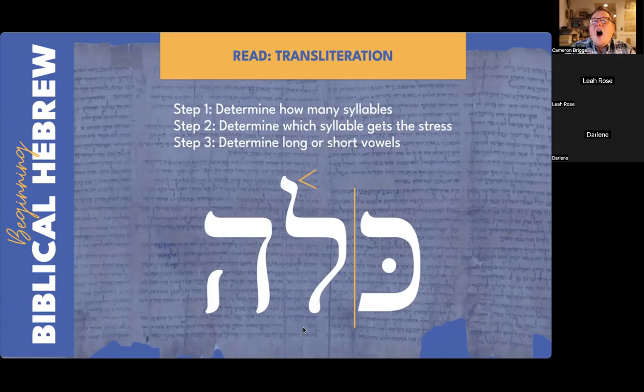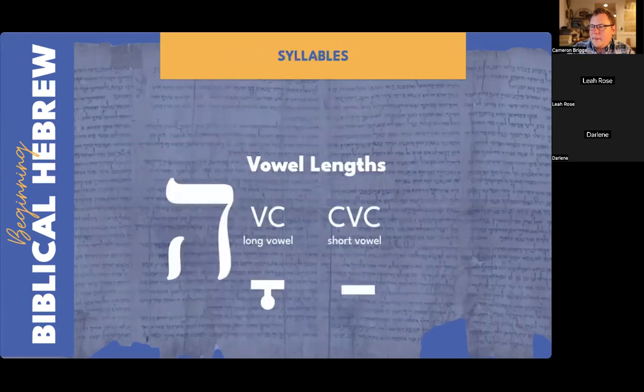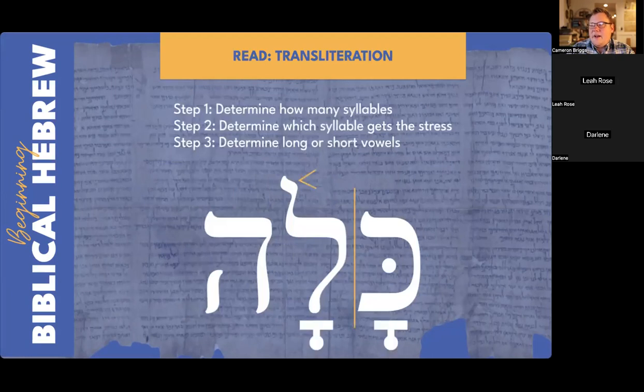But since we have the ah sound, that hey loses its consonant status and becomes a vowel companion with the kamatz underneath there. So this would be written like this. Let me go back to the first one. We've got a kamatz and then a patach. But here we've got a double kamatz. And we're seeing why that would be.